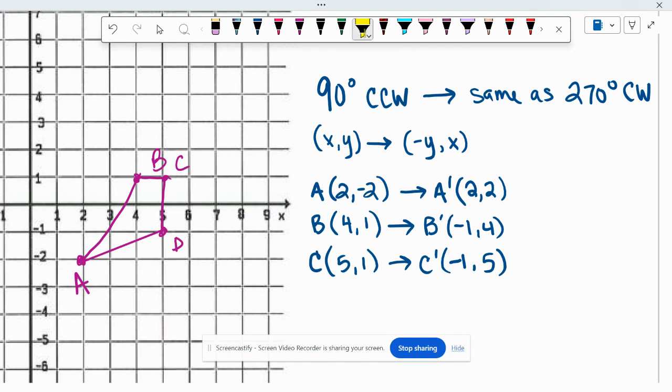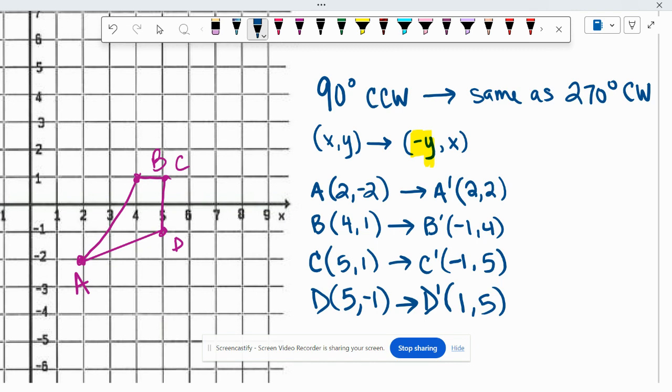Do you guys see how I'm using this rule? I have to get the opposite of y and then put the x there, okay? And D started as 5, -1, transforms to D prime, which is 1, 5.